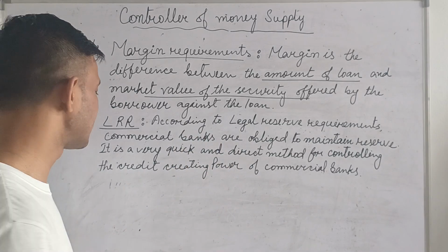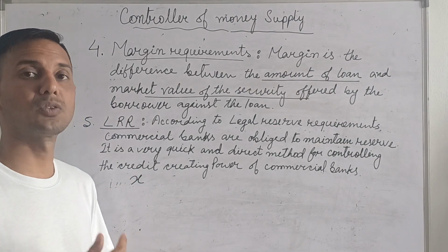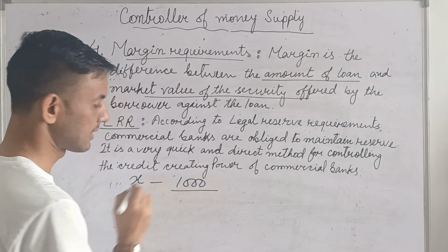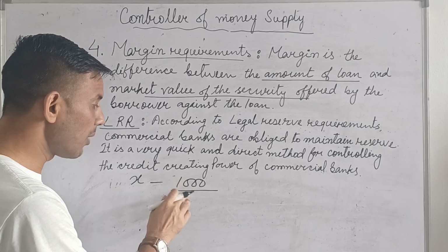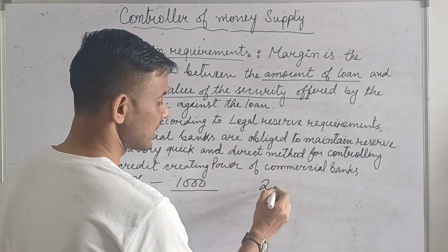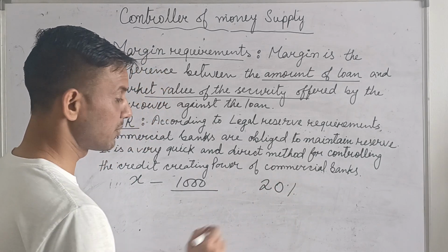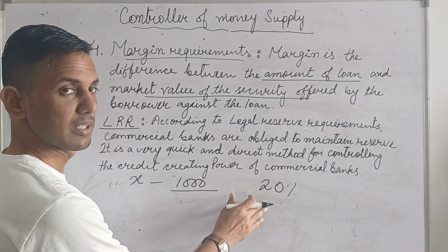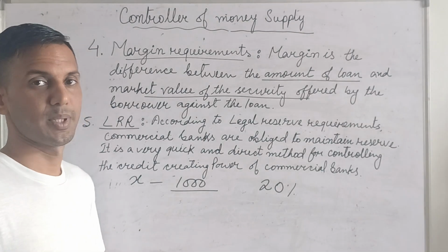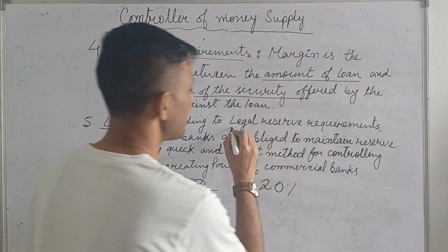For example, suppose a person X came to the bank to open a bank account and deposited 1000 rupees. From this 1000, the commercial bank has to keep 20% as LRR. 20% of 1000 means 200 rupees. The bank has to keep it as legal reserve requirement.